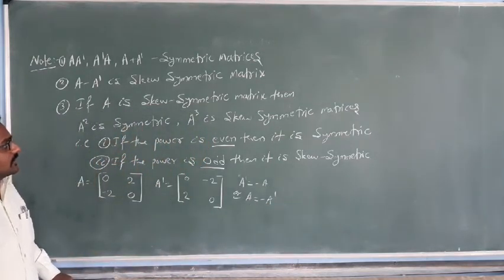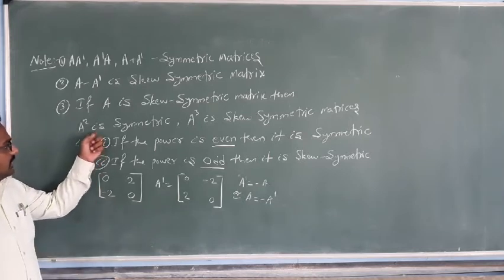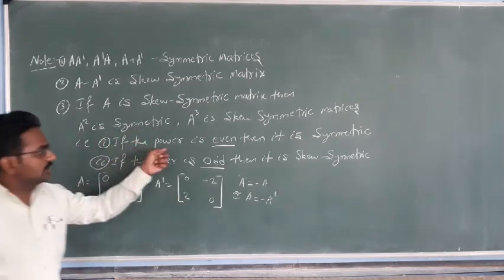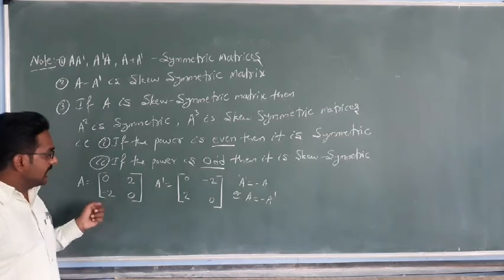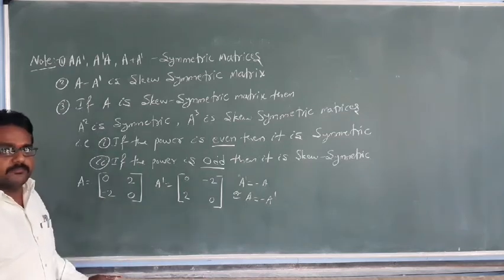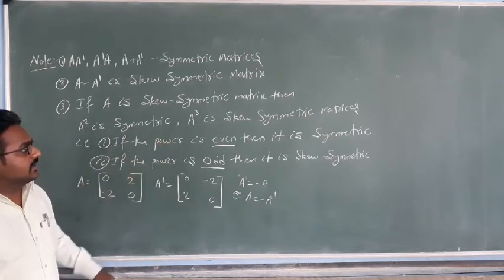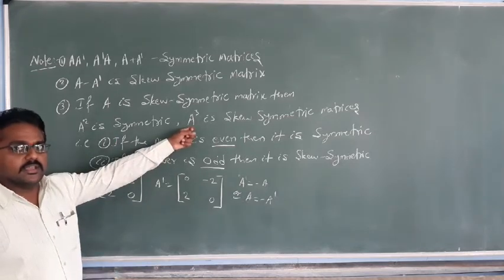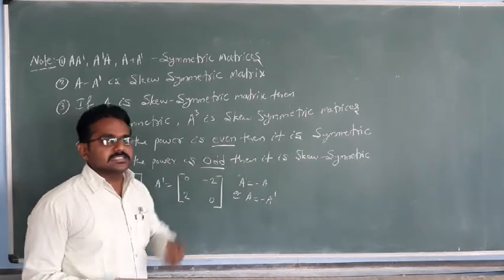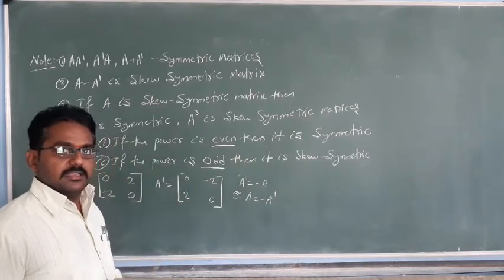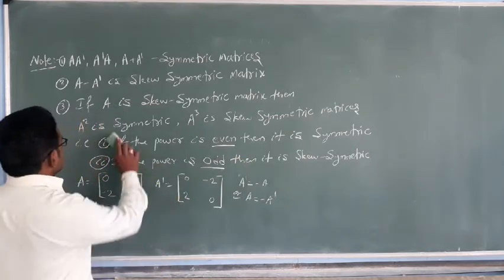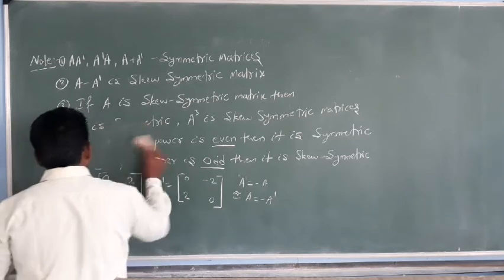Okay. So what they mentioned, A square is symmetric, means if the power is even, that is A into A, then A square is symmetric, and A into A cube is skew symmetric. Is it, students? Okay, let us see whether it is possible or not.